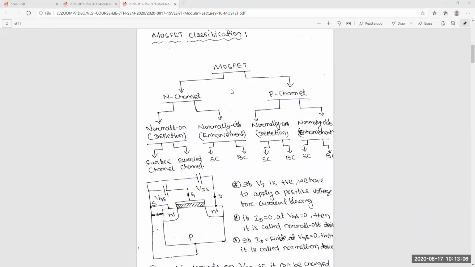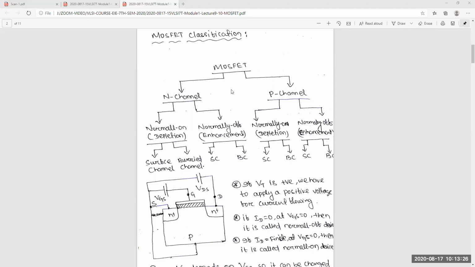That is called enhancement, meaning we have to enhance the charge, or enhance the channel. That is a normally off device: you have to give the voltage to turn it on. But the normally on device is generally called a depletion mode MOSFET.